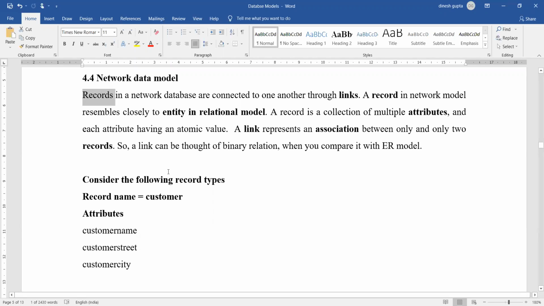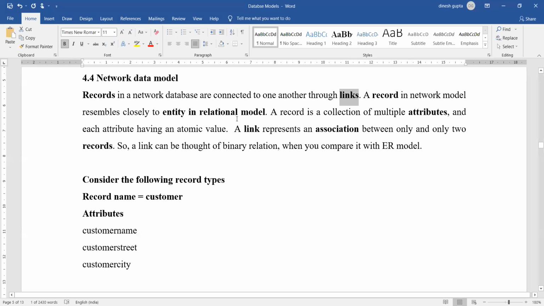So an entity can be represented in the form of a record in the network database. Second thing is relations. Relations or associations can be represented with the help of links in the network data model. So we have two concepts. One is called the records and the second one is called the links.